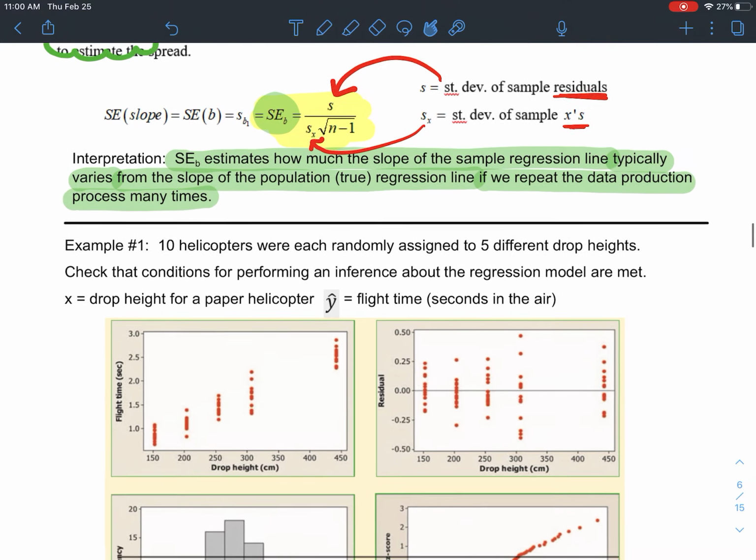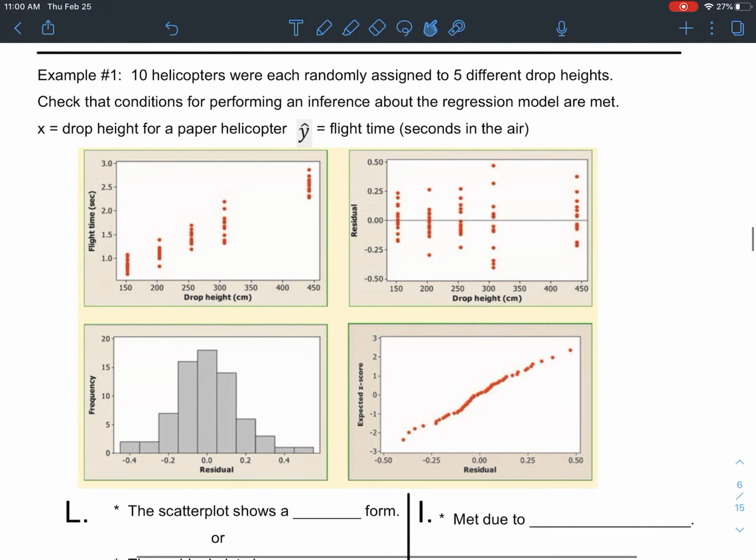Let's just look at this last example, and we will wrap this up here, looking at taking 10 helicopters and dropping them. The helicopters were each randomly assigned to be dropped. This is like a paper helicopter that you would drop at 5 different drop heights.